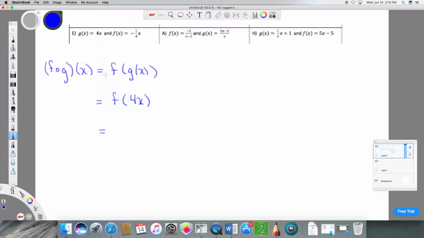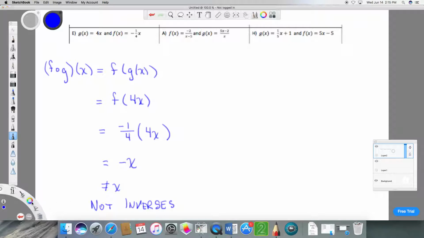And what does f always do to the input? F always creates a multiplication problem where the first factor is negative 1/4 and the second factor is our input. So if we multiply these two factors together here, this simplifies to the opposite of x. And since that's not equal to x, I know that these two functions are not inverses of each other.